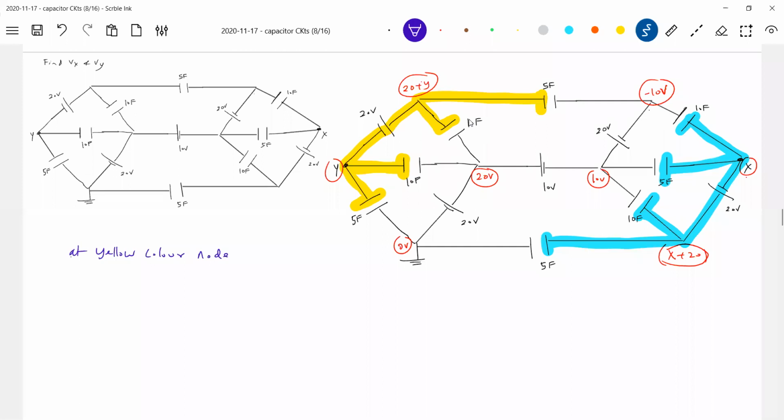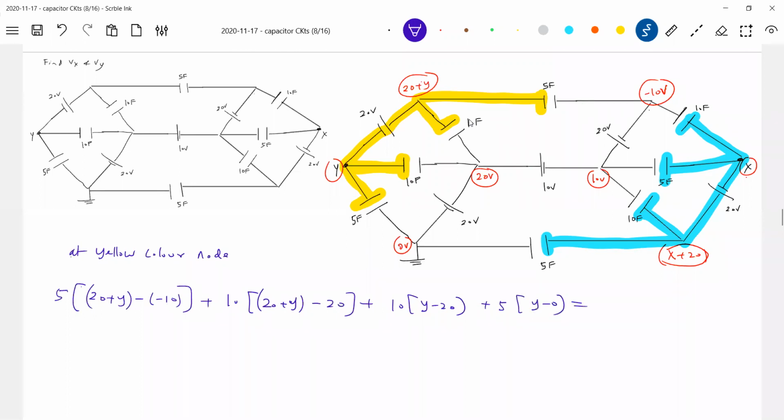So for capacitance, we write Q equal to C into V. 5 into (20 plus y minus of minus 10), plus 10 farad (20 plus y minus 20), plus 10 farad (y minus 20), plus 5 farad (y minus 0). All set equals 0 because initially there was no charge.